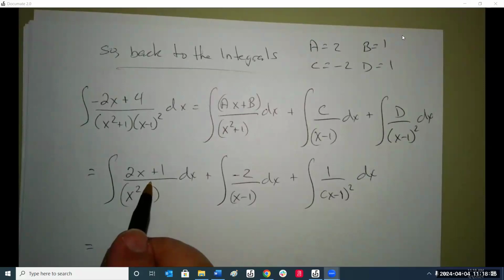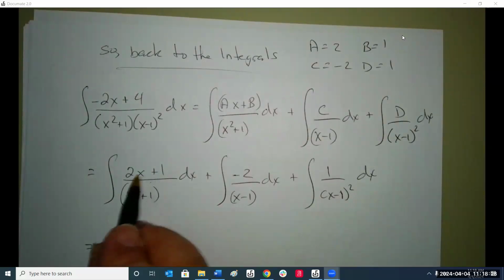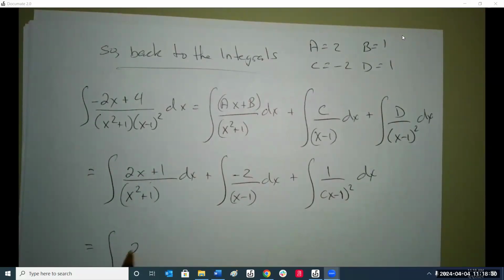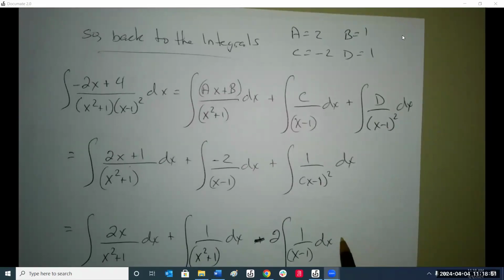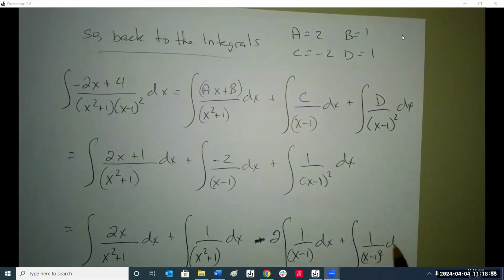But this one, I can split them up. Minus 2, 1 over x minus 1 dx plus 1 over x minus 1 squared dx.